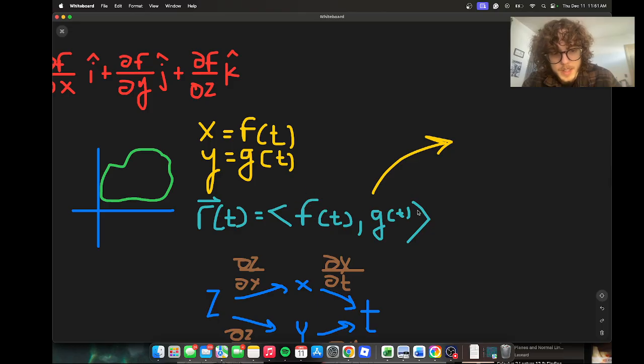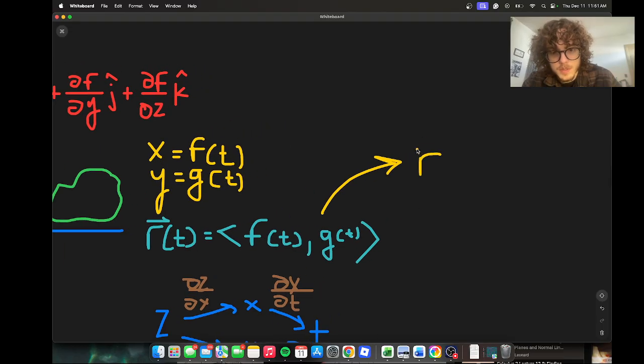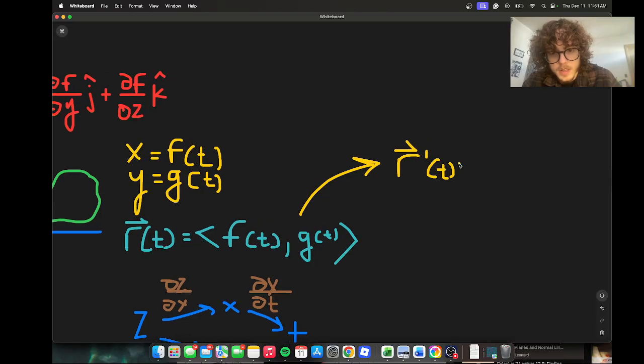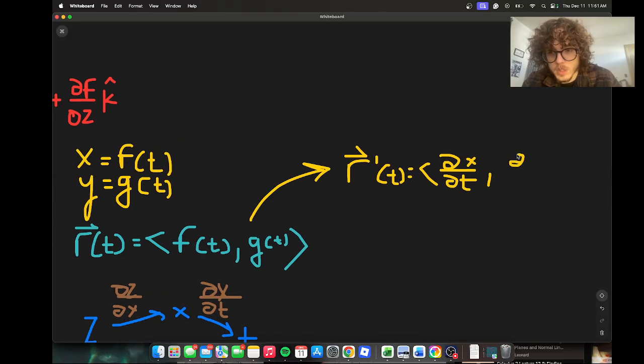If we take a derivative, this is going to be equal to dx dt, because x is a function f of t, so we're allowed to say this. And then we have our y component, which is just dy dt.